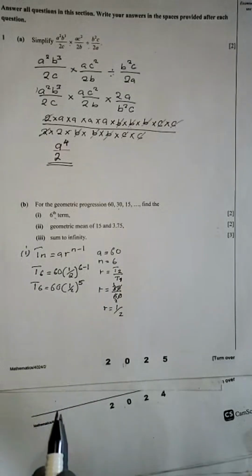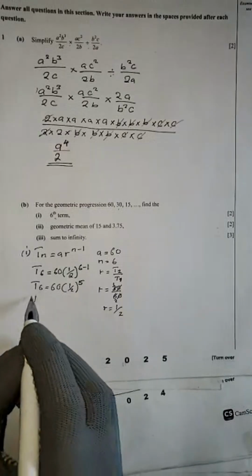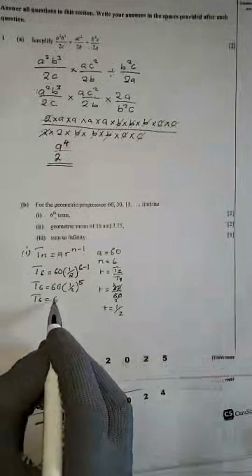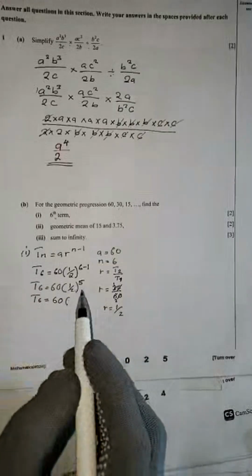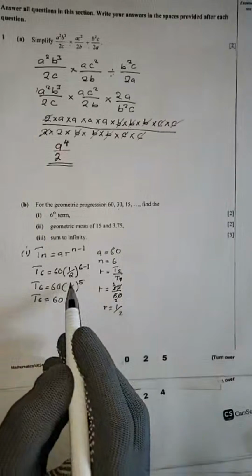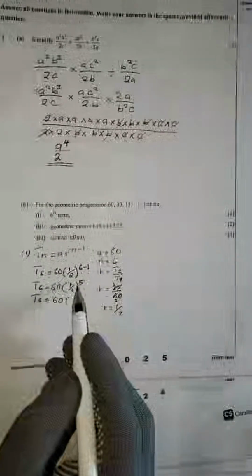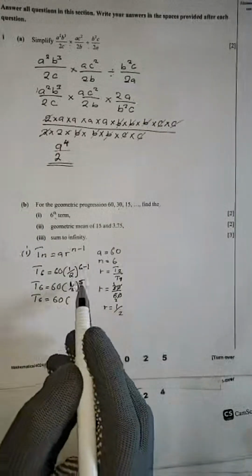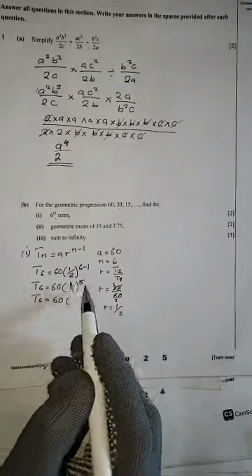Here what you can do to solve: 60 multiplied by 1 over 2 to the power 5. This is the same as 1 to the power 5 over 2 to the power 5.